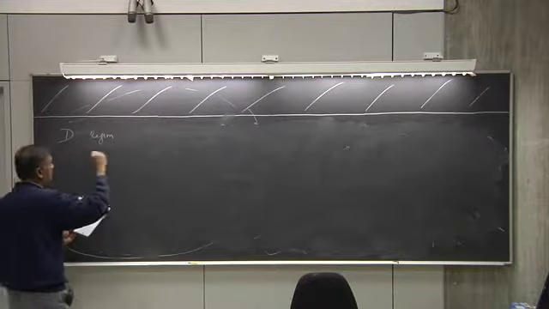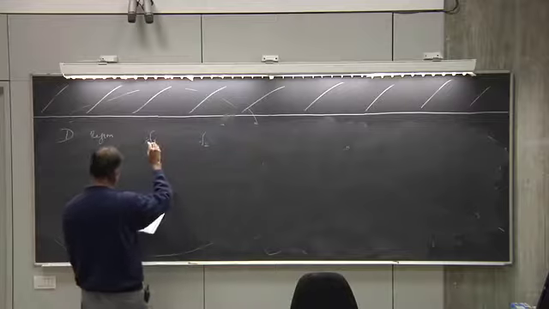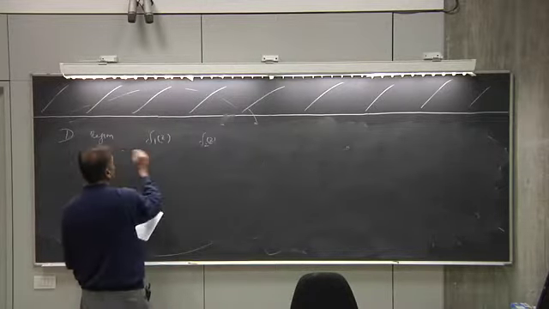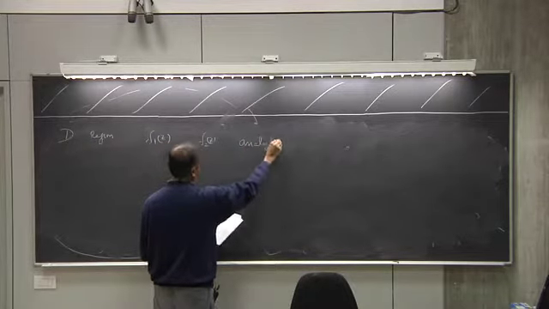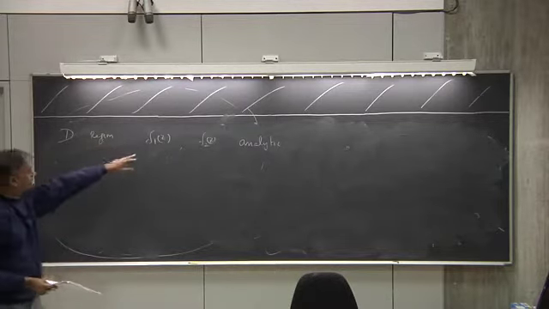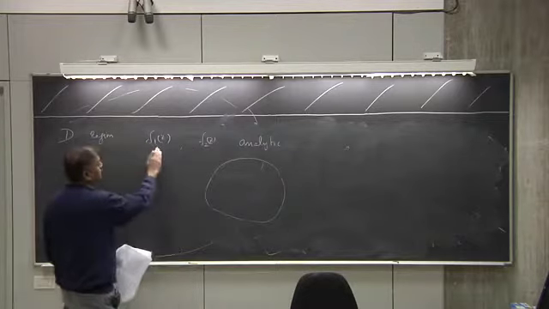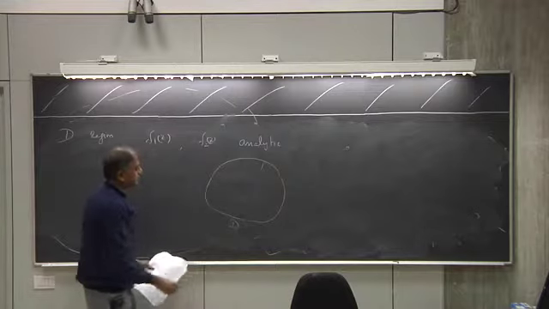Suppose f1 and f2 are two functions defined in this region D, and they are analytic. So there is some region D, and inside this D, these two functions f1 and f2 are analytic.